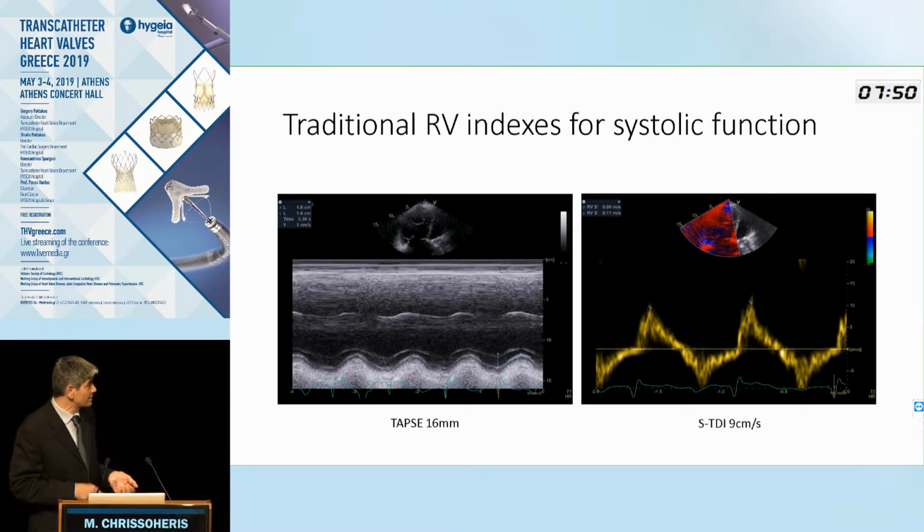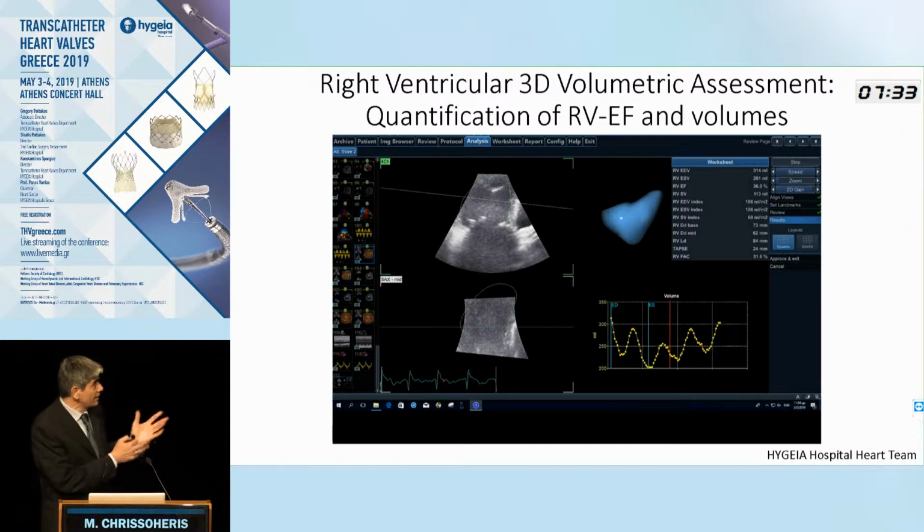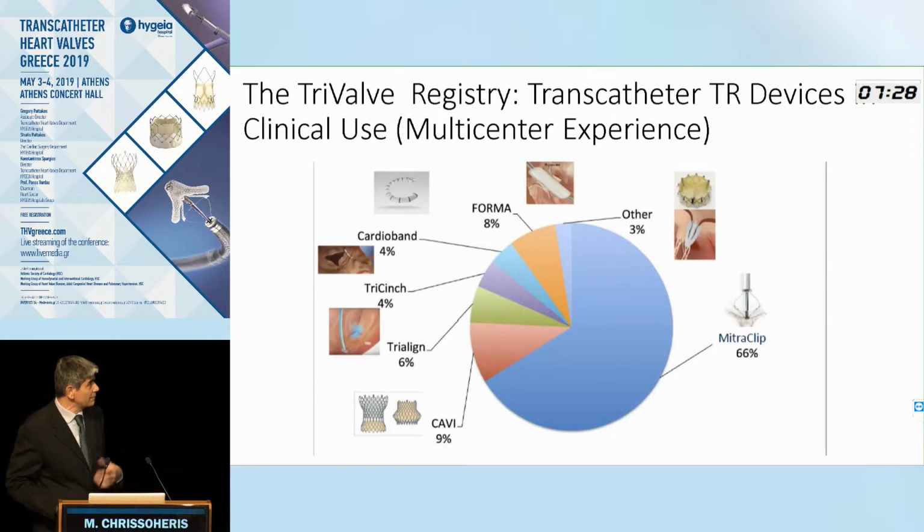S' is 9, the TAPSE is 16, the cutoff is 17, but still we know that this patient has a major problem with the right ventricle. Volumetrics tell us that the right ventricle measures 314 mLs in diastole, and the ejection fraction is about 36%, with the limitations of not having the best of images for this measurement. But definitely it's very useful measurements that we can definitely strive to have on all our patients.